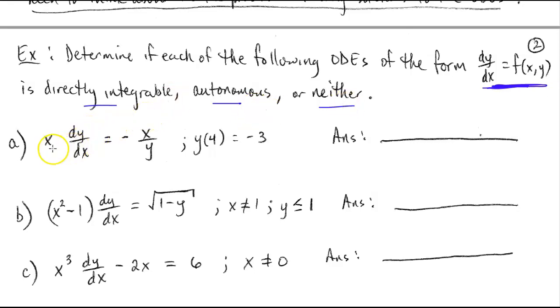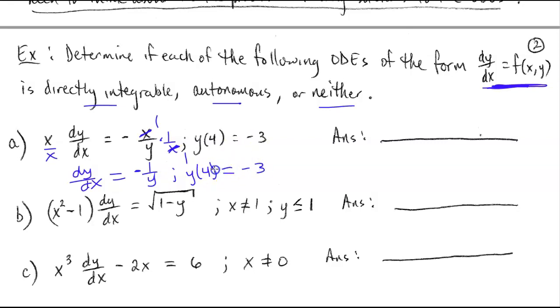So for here, I could divide both sides by x. And if I did that, I know that these x's would reduce to 1. And what I would essentially have here is dy over dx is 1 over y. And of course, with this initial condition here.